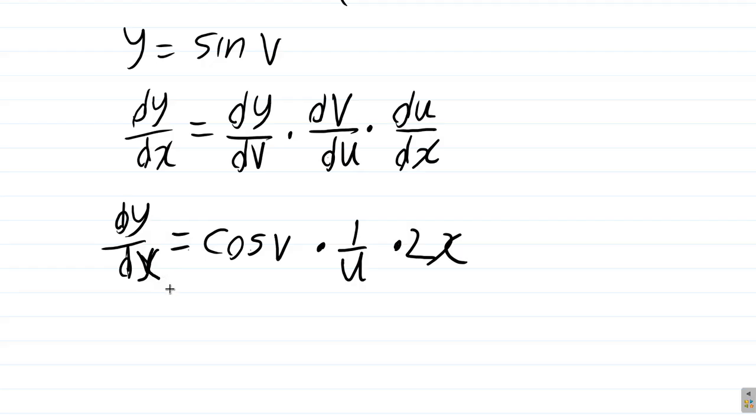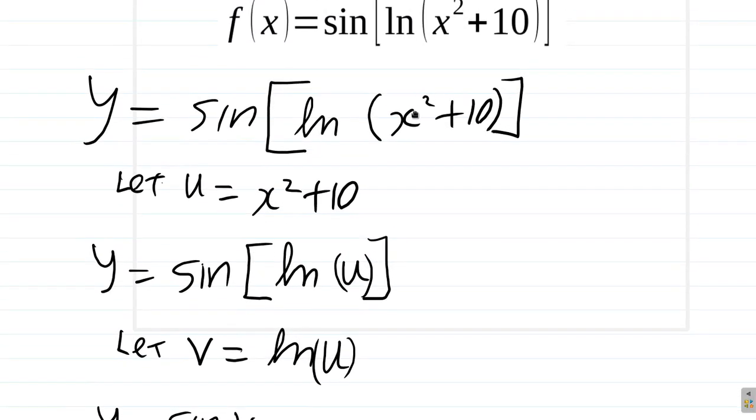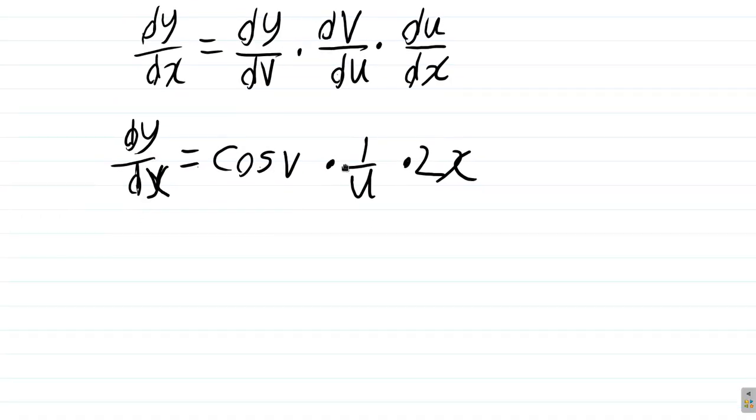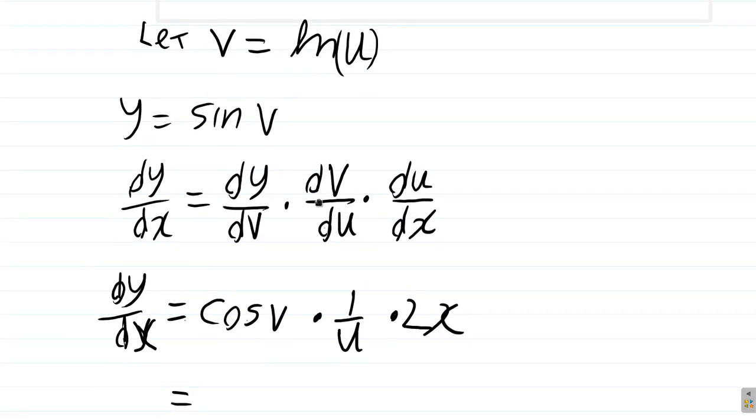You need to change the v and u back to x, because remember, the function we were given is a function of y and x. So we need to have only y and x now, as well as some numbers. So v was what? v was ln u.